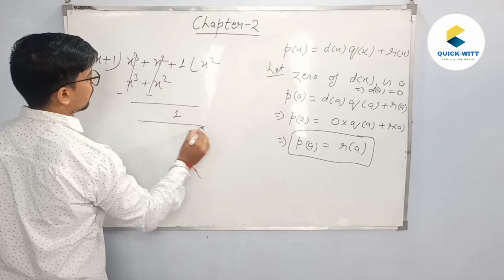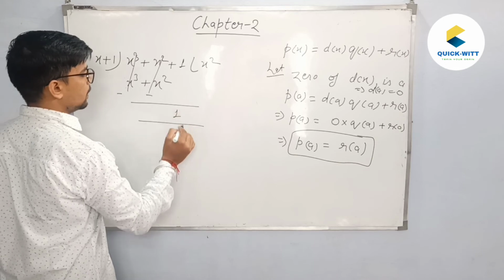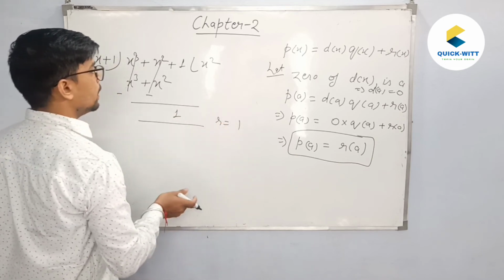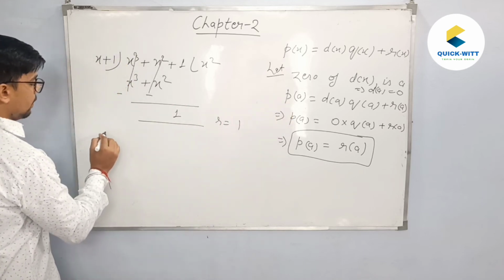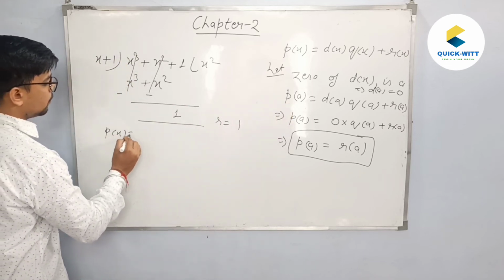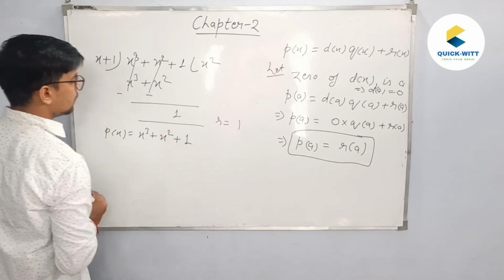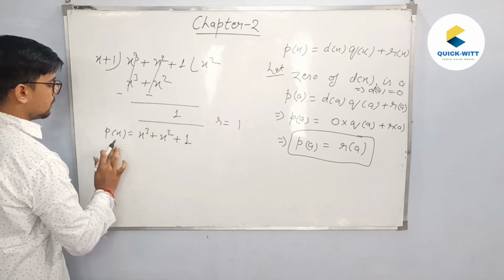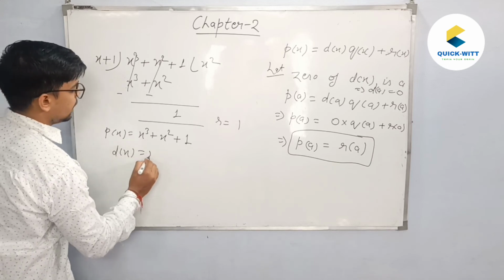What will I get? Plus 1. Okay, so here I get remainder as 1. Now I will find it by my way. So here p(x) equal to x cube plus x square plus 1, and our d(x) divisor is x plus 1.